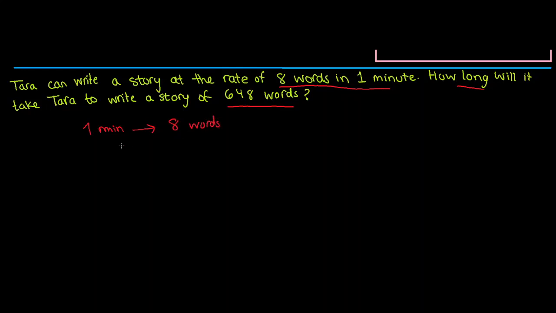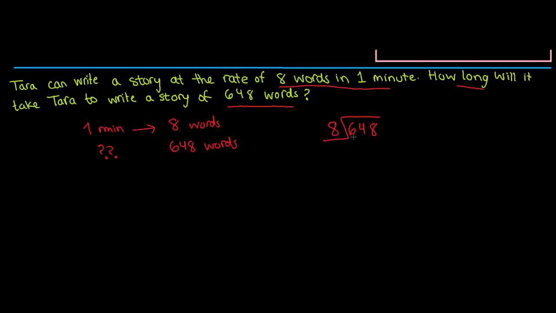We know she's going to write 648 words, but they're asking how long this will take. So all you need to do is 648 divided by 8 in order to find the amount of time it would take her.